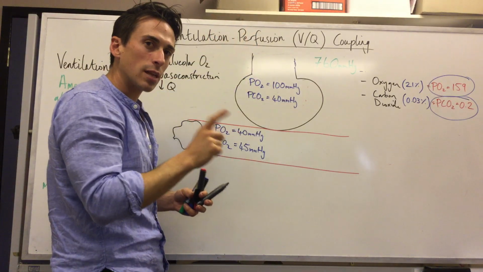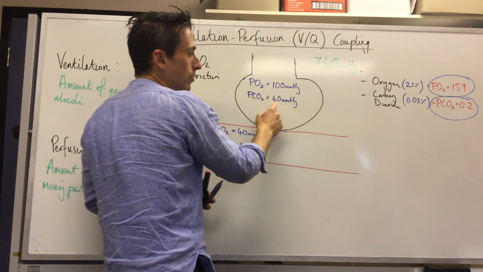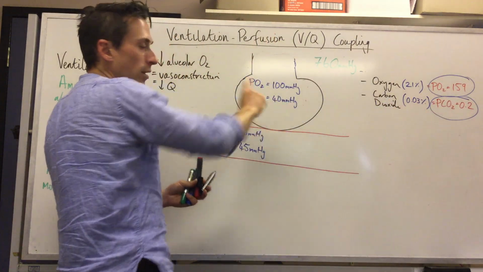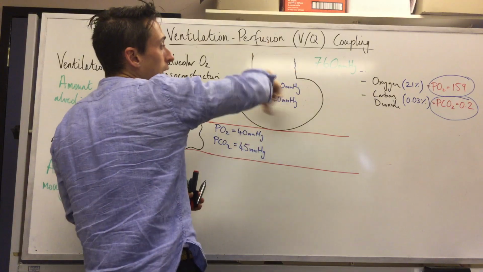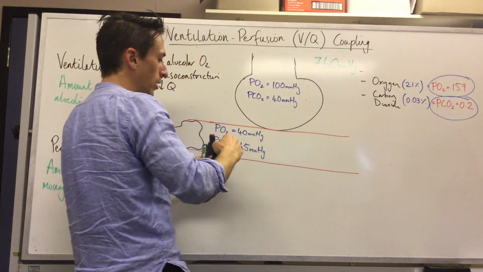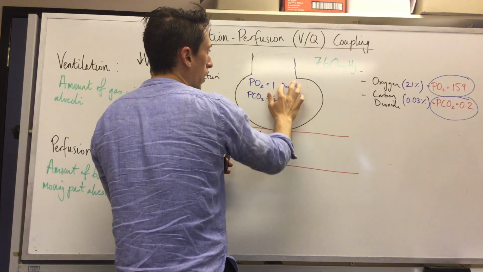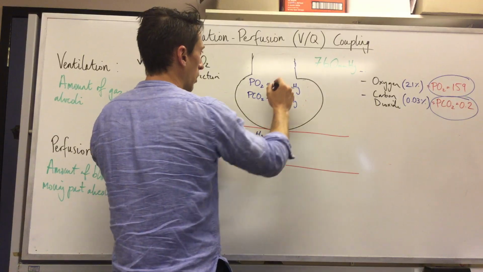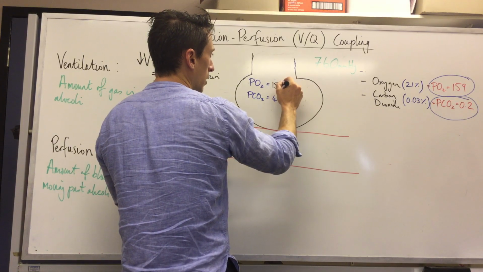Now, if that continues to happen, these values start to look more like the values in the atmosphere because nothing's being exchanged, right? So as you breathe in, out, in, out, in, out, what you'll find is that the oxygen is no longer 100. It starts to shift its way to 159.